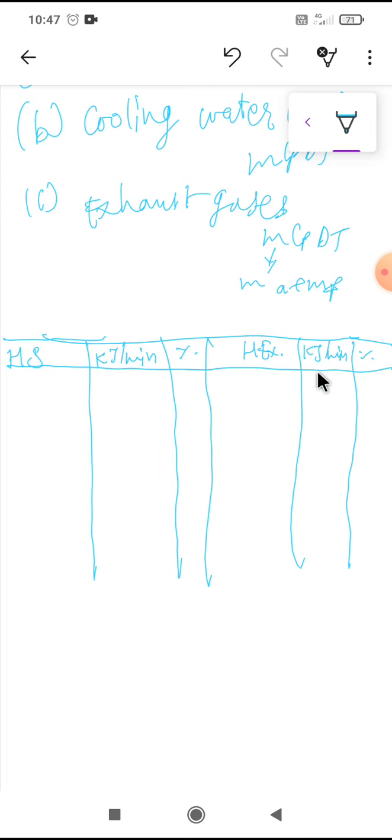So heat supplied kilojoule per minute, percentage, heat expenditure kilojoule per minute and percentage.